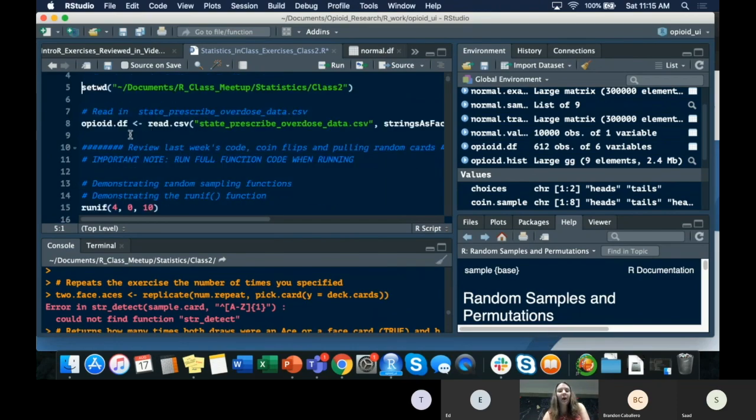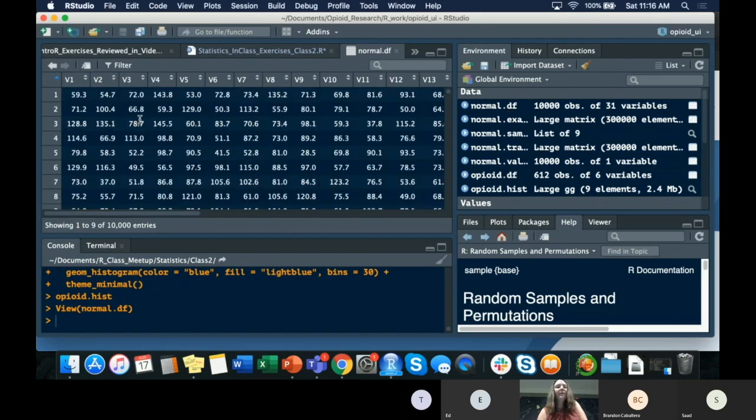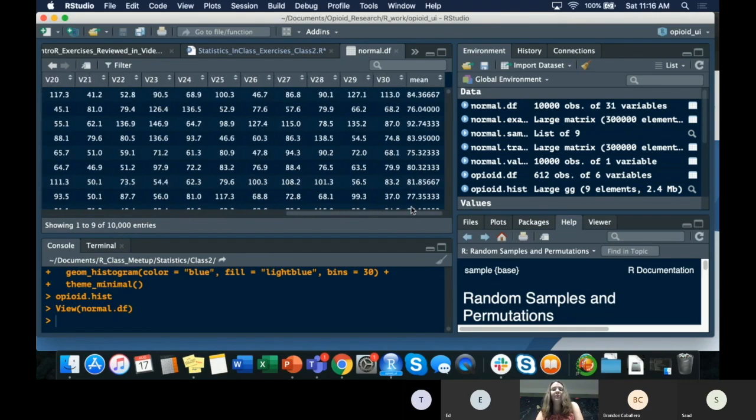So now when I rerun, this is the data set we have. This is what it actually looks like in reality. If I go down here, you'll see V1 goes out to V30, and then I calculated a mean of the entire row and put it at the end. That's how I'm doing this example. The results I'm going to show you are based on this mean, again the mean values of those randomly chosen prescribing rates.